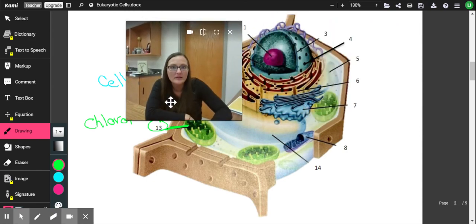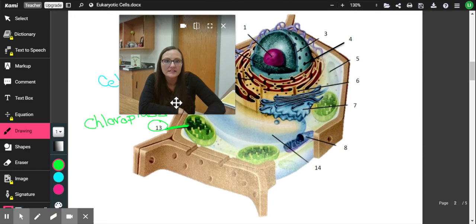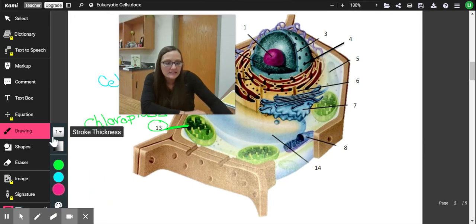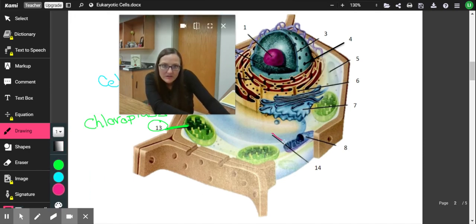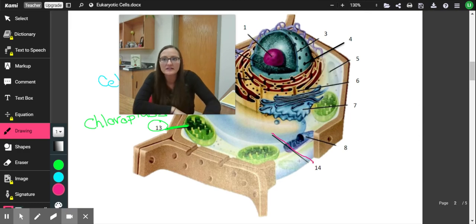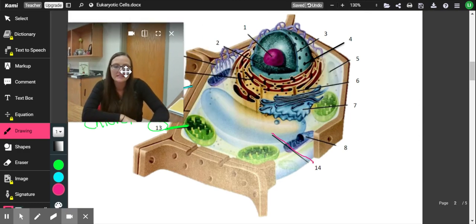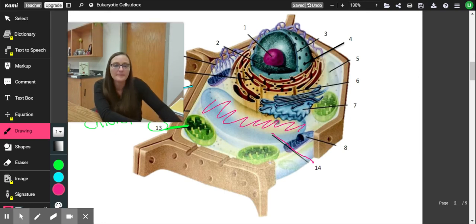Okay, there's one more that's pretty different, and that is this giant swimming pool looking bubble in there. Let me move out of the way. There it is. So this structure right there is going to be a central vacuole.